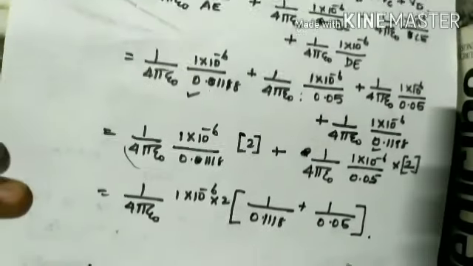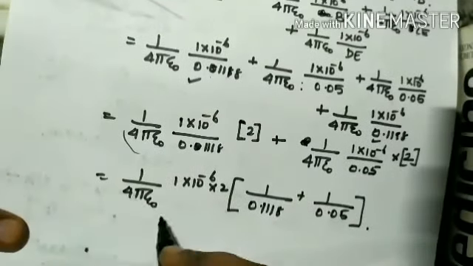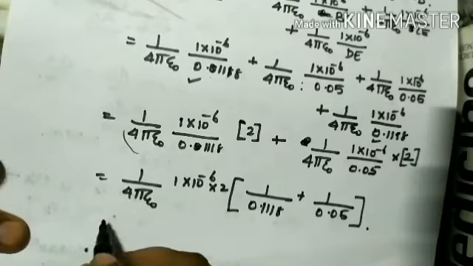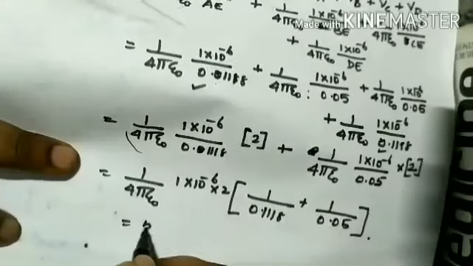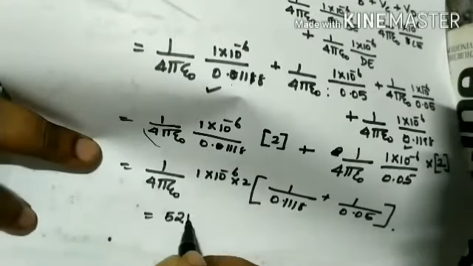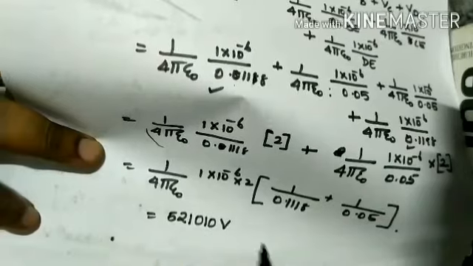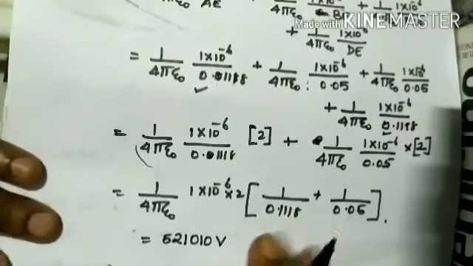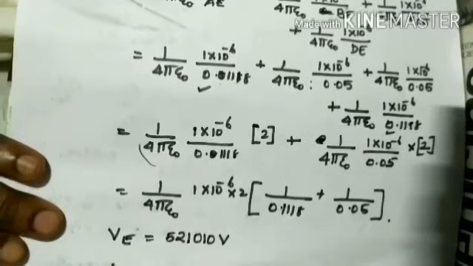Now you have to find the values. You will find the value of the entire expression as 521,010 volts. That is the value of the potential at E.